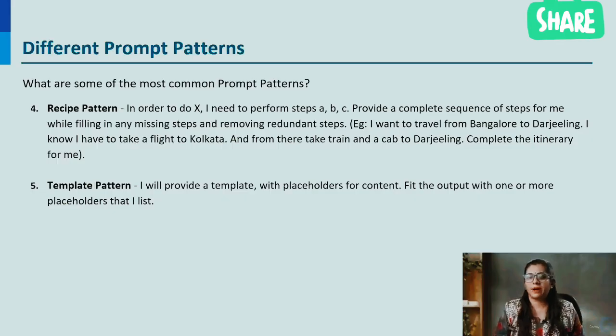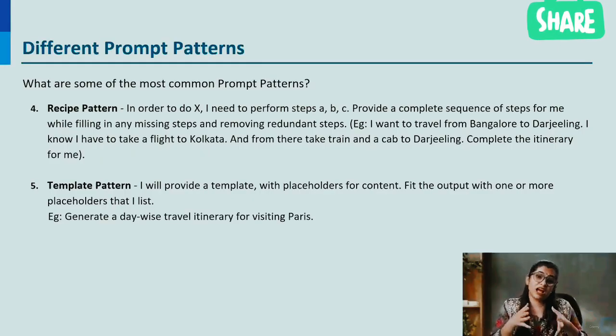Next is your template pattern, where as a user, I provide ChatGPT or the generative model with a template and placeholders, so that ChatGPT fits my outputs in those placeholders. For example, I want a day-wise travel itinerary. If I'm visiting Paris, I'm telling ChatGPT to generate a day-wise travel itinerary for visiting Paris.